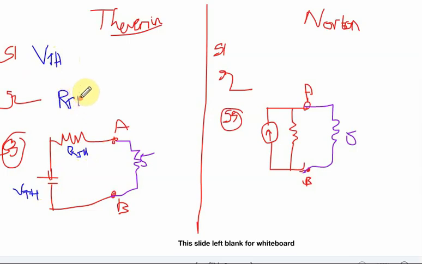These two, VTH and RTH, you substitute in step number 3, along with the load value directly given in your problem. Once you complete it, the equivalent circuit of Thevenin's is over.